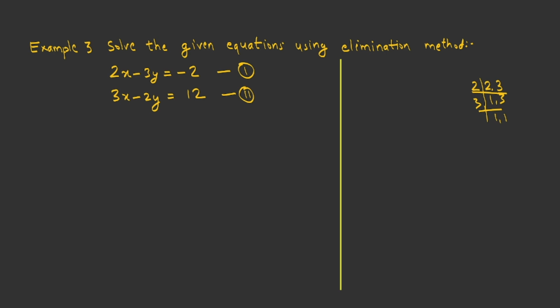Or if you don't want to take the LCM, अगर आप LCM नहीं लेना चाहते तो आप सीधे सीधे जो इक्वेशन 2 में x का कोफिशिएंट है उसे इक्वेशन 1 में मल्टीप्लाई करेंगे, और जो आपके पास इक्वेशन 1 में कोफिशिएंट है x का उसे आप इक्वेशन 2 में मल्टीप्लाई करेंगे.